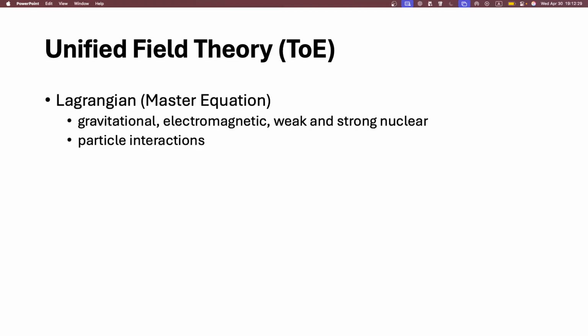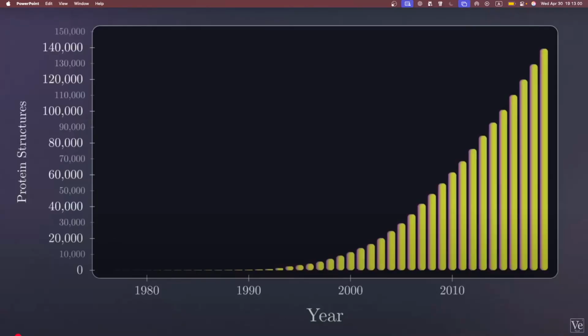Over all of the years, the theory of everything is more or less just a theory and a thought experiment. However, with the scientific discovery of the AlphaFold structure and algorithm, we're stepping towards the direction of particle interactions for the sake of unified field theory.